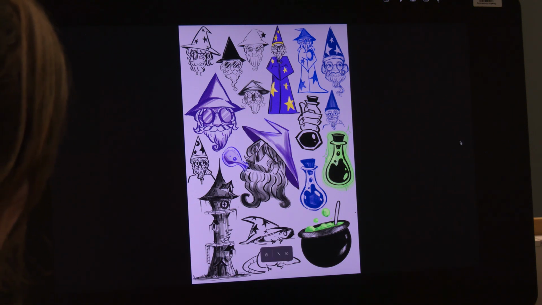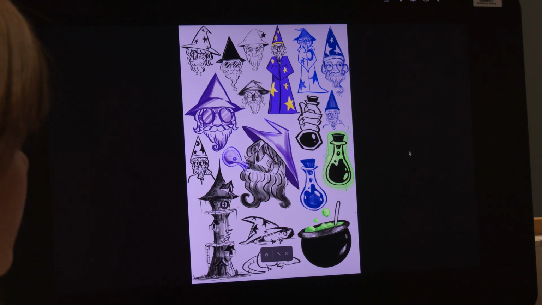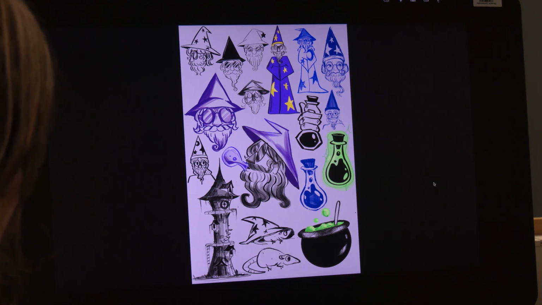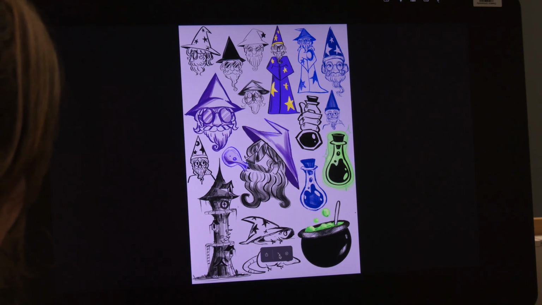I went through a few ideas, whether I wanted him to drink a potion, and I wanted the colors to be dark purples and greens. I was messing around with him turning into a rat here, but I decided that he would turn into color.